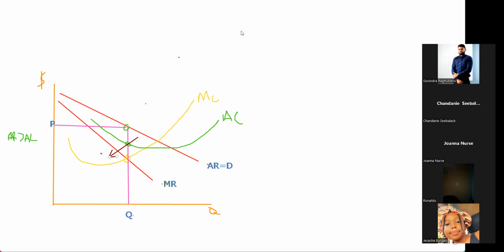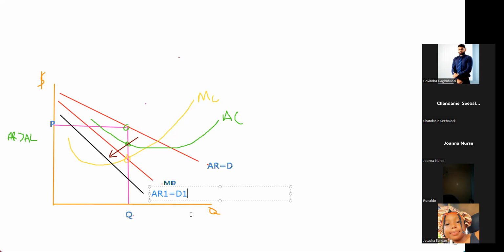So this might cause our AR to shift to somewhere till here, perhaps. I use a different ink to show you. This now is our AR curve, which is our new demand curve as well. Again, nothing is happening with costs. The firm is facing the same cost as before. So this is now AR1 and also our D1.